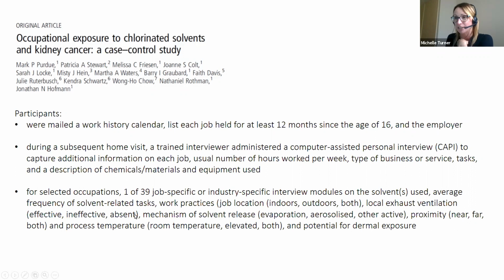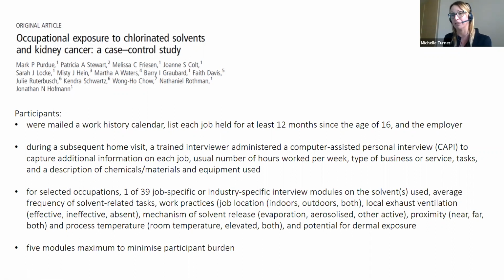What was the ventilation like? What was the mechanism of solvent release? How close or far you were to the chemical? What was the temperature? How much dermal exposure you had? And then it could be that maybe you had more than one of these important jobs, but the interviewers only asked you up to 5 different modules to each person to minimize the burden on the participants.